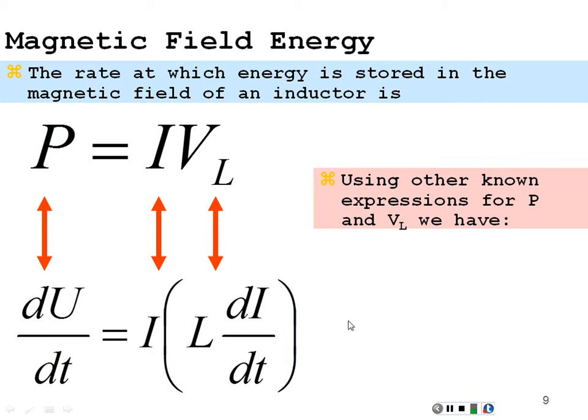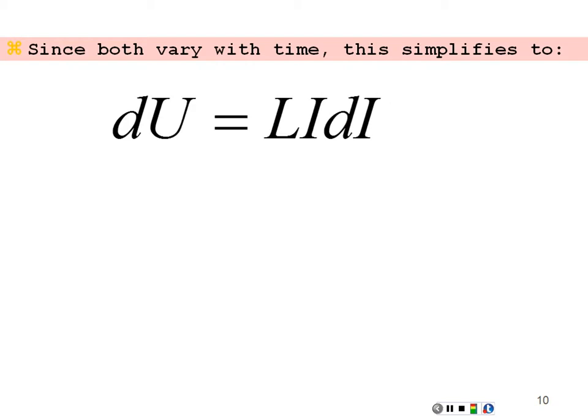The voltage across the inductor is the inductance times the change in current per time. So let's make these substitutions, giving us a differential equation in two variables, energy and current. Both vary with time, so we have that our change in energy is equal to the inductance times the current times the change in current. This gives us two variables.